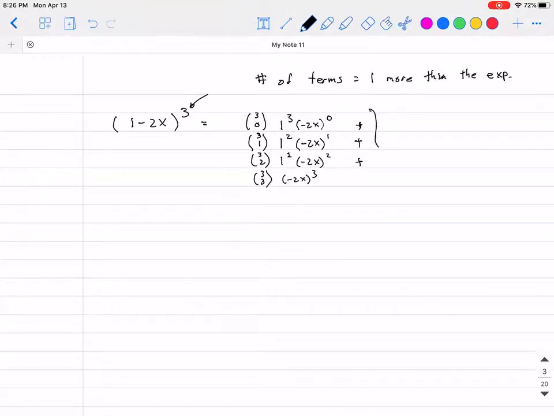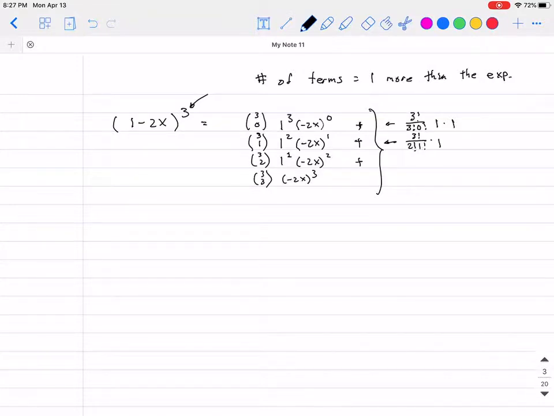So let's go ahead and clean up each one of these guys right here. So 3 choose 0, that is going to be 3 factorial over 3 factorial times 0 factorial. And 1 to the third is going to be 1, multiplied by negative 2x raised to the 0 power, which is equal to 1. Then for the next part, 3 choose 1, that's 3 factorial over 2 factorial, 1 factorial.